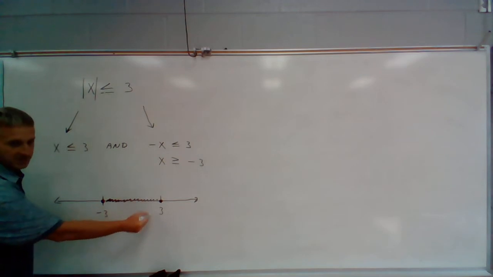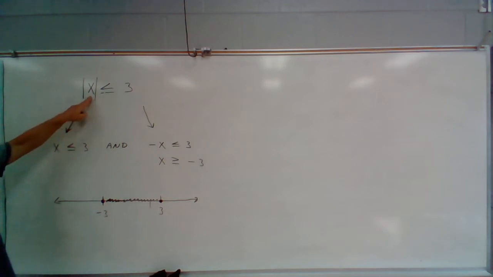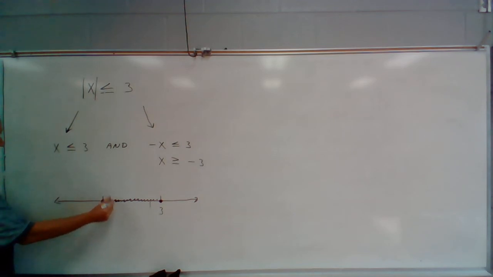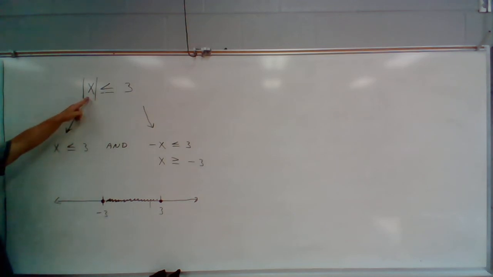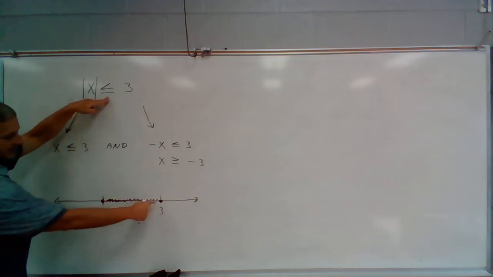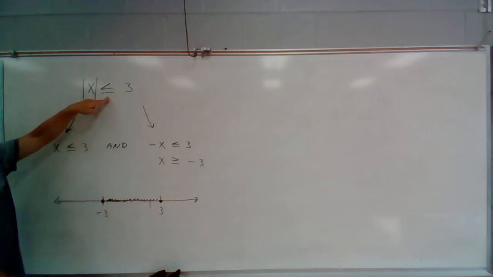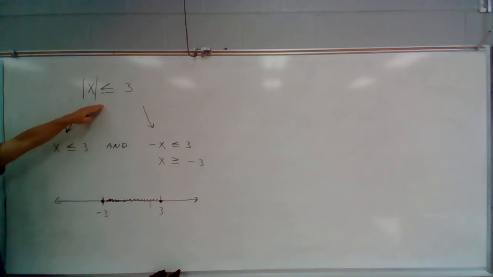If I chose maybe a 2, absolute value of 2 is 2, that's less than 3. If I chose negative 2, absolute value of negative 2 is 2, that's less than 3. So you can see any of these numbers that I pick in between here satisfy this inequality.